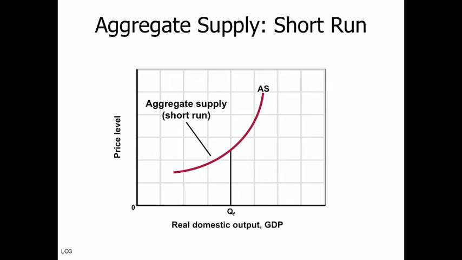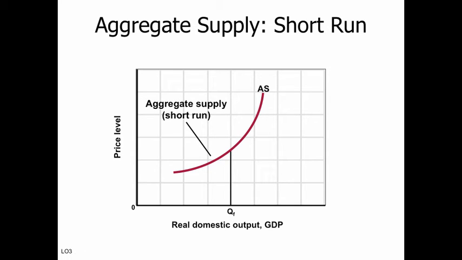And as you can see, as we're moving to the right, we are increasing aggregate supply. So real GDP is going up. But also, as we're going to the right, we're also beginning to move up. So the price level is now rising. And just as some notation, this QF that you see, this is the full employment level of output.